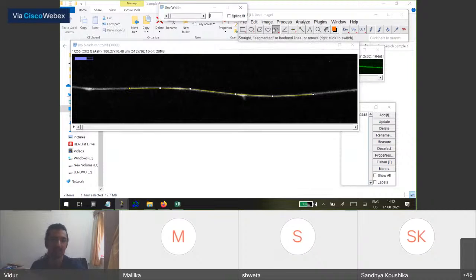If you double click the line button, you can have a line width option. So you just go up and select a line width that you're comfortable with, let's say 5 in this case. Whenever you want to save an ROI, you just press T, and that ROI will now be saved in your ROI manager.